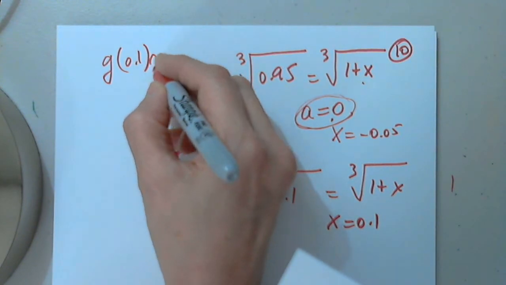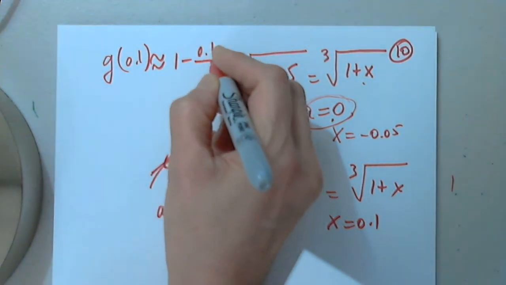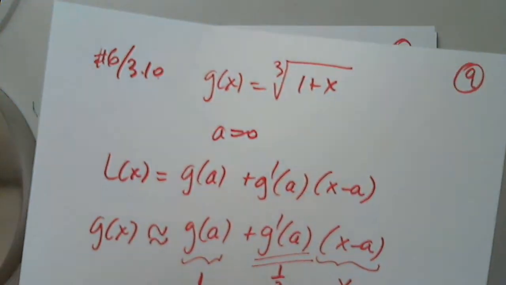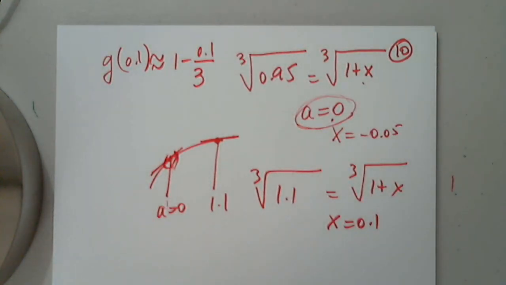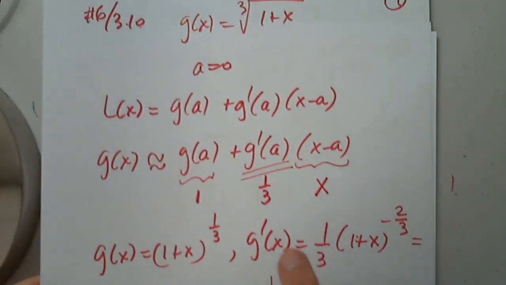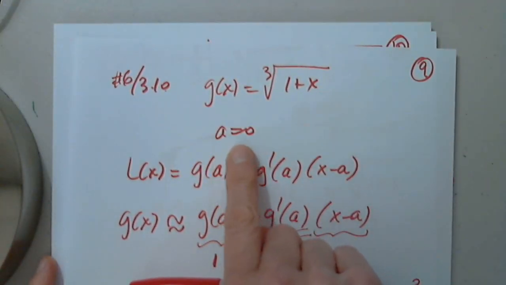The other one is approximately 1 minus 0.1 over 3. And it says use it to approximate the numbers such and such. So you have to be careful, because once we know that this is the approximation, it says near a equals 0.